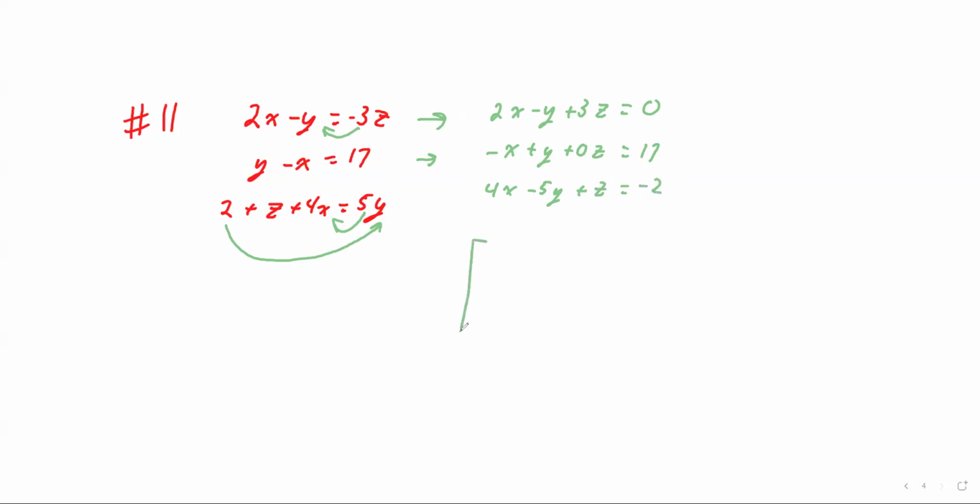Now I'm ready to write it out. So this will be 2, -1, 4, -1, 1, -5, 3, 0, 1. And this would be x, y, z. And this will be 0, 17, -2.